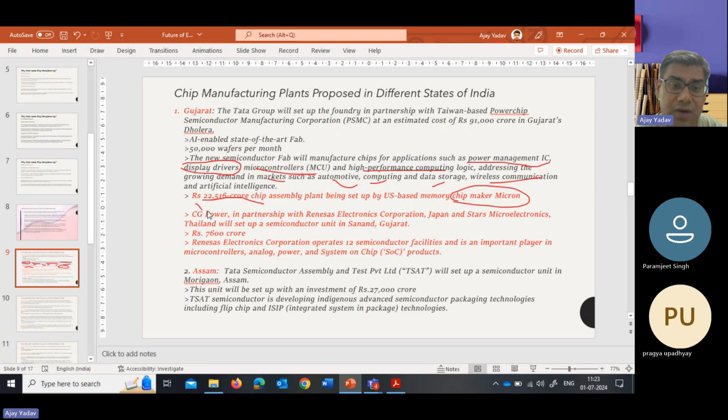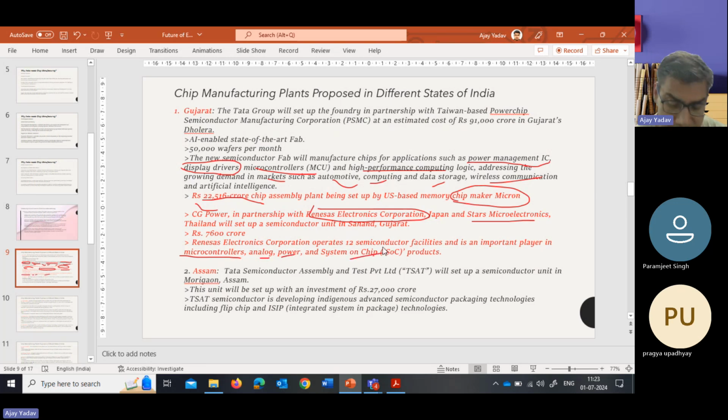Then CG Power, in partnership with Renesas Electronics Corporation Japan and Stars Microelectronics Thailand, will establish a semiconductor unit in Sanand, Gujarat. It is around 7,600 crore, and they are planning to make microcontroller based chips and analog power system on chips.